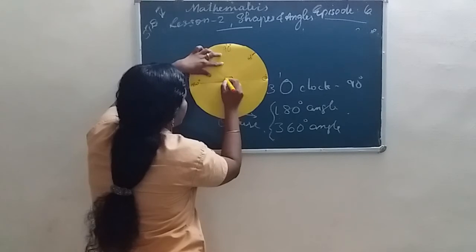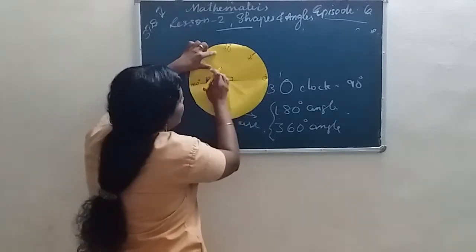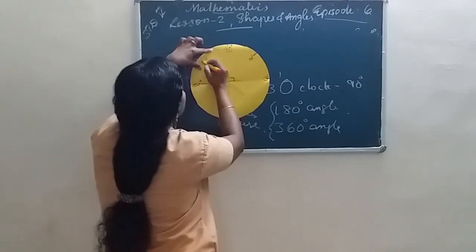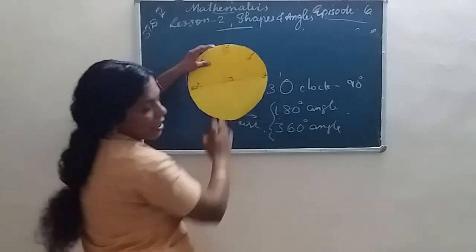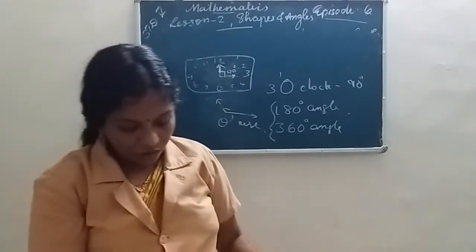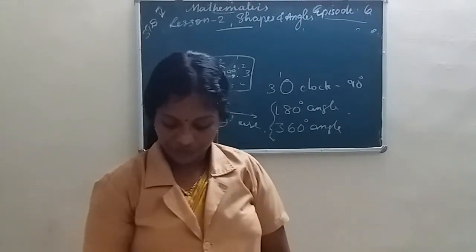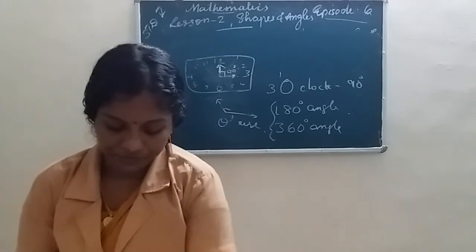That is 180 degree. 45, 90, 180. Next, this one is 135 degree. Then you want to do these activities at your home and find out the angles in each corner.